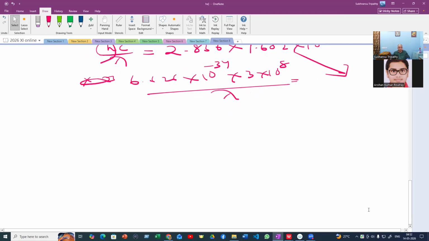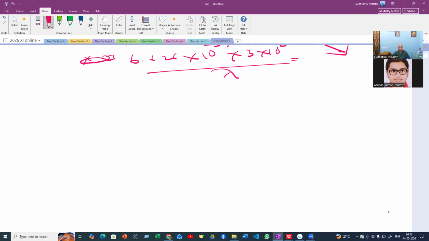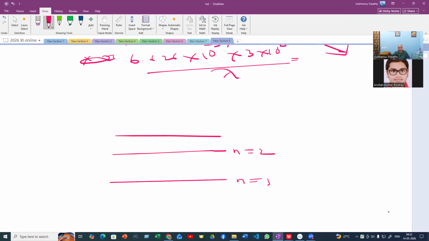So if I remind you with the energy profile, this is n is equal to 1, this is n is equal to 2, this is n is equal to 3, gradually the energy values approach each other. The n is equal to 4, n is equal to 5, and so on.